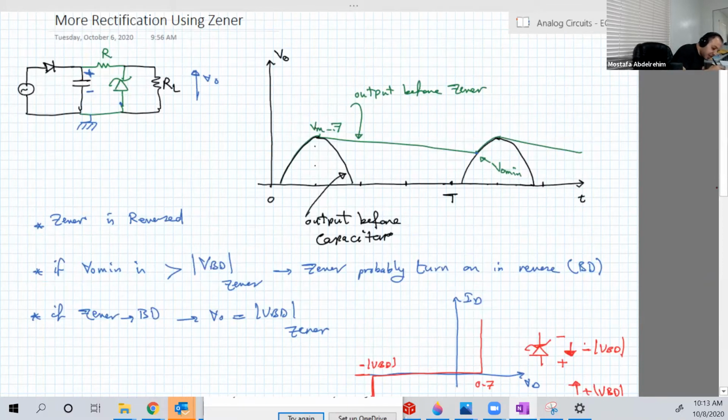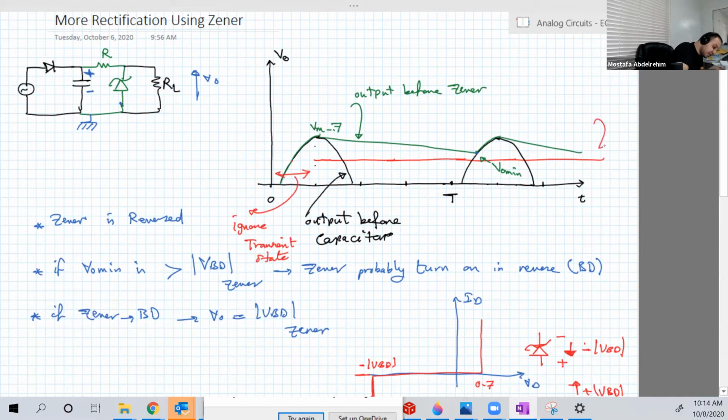So we can say that the output will be something like this, the steady state output. What's happening before that, we just ignore. It's a transient state.